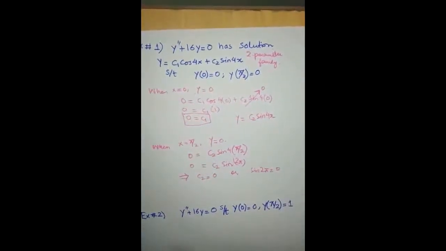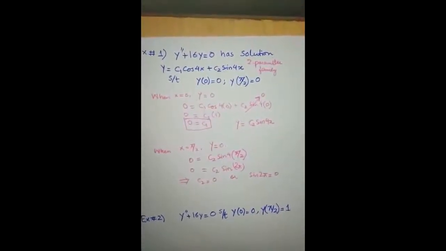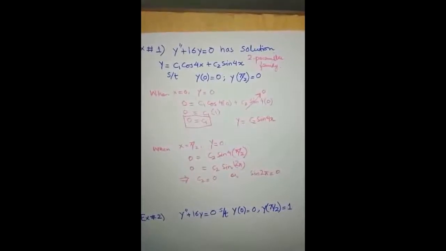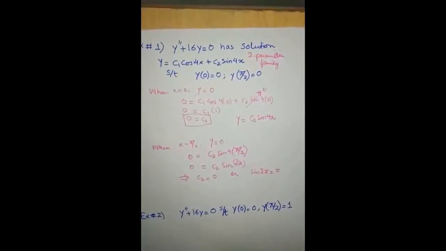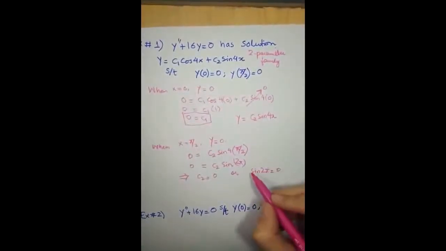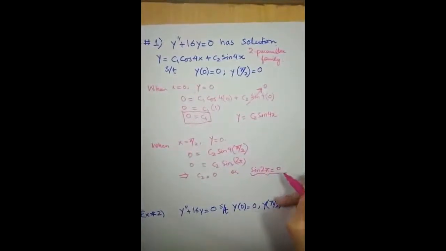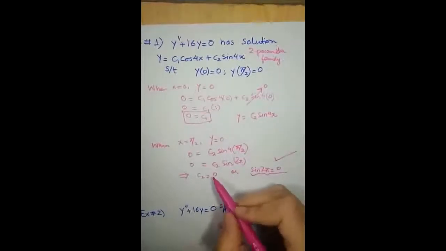So sine of 2 pi, that means 180 multiplied by 2, if you convert radians into degrees, so 180 into 2 is sine 360, and sine of any integral multiple of this is equal to 0. So we know that sine at integral multiples of 90 degrees is 0, so this condition is true, and C2 is not equal to 0.